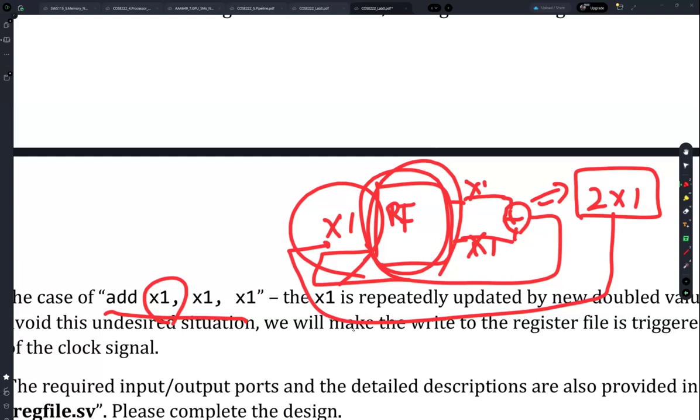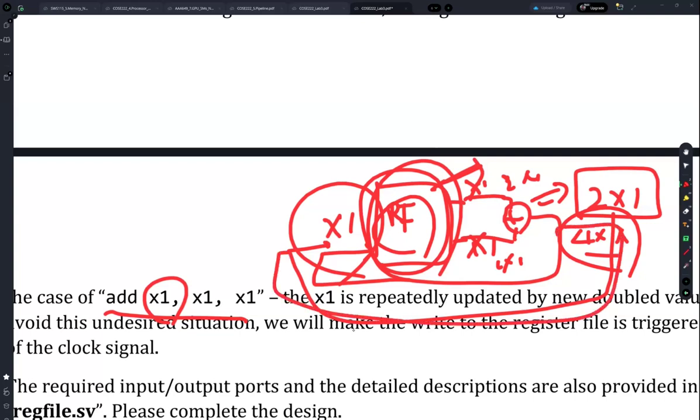So the register file generates the 2x1 value at the output, then 2x1 plus 2x1 becomes 4x1. The value is updated and returned back to x1 again, and the hardware works again. It becomes 4x1, and it will be repeated again and again.